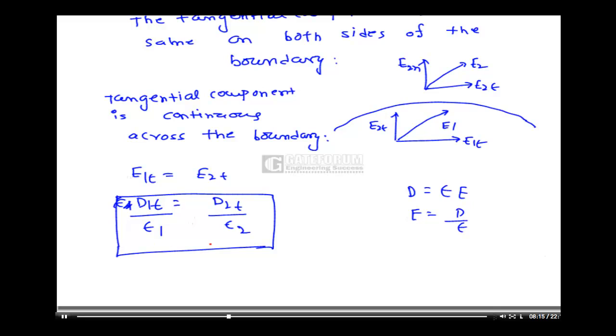Here they are not equal. D1T is not equal to D2T. That is, Dt, the electric flux density, undergoes some change across the interface. Hence Dt is said to be discontinuous across the interface.